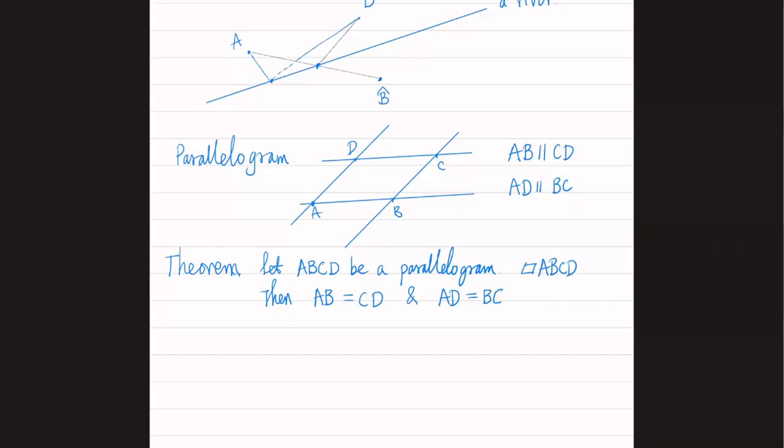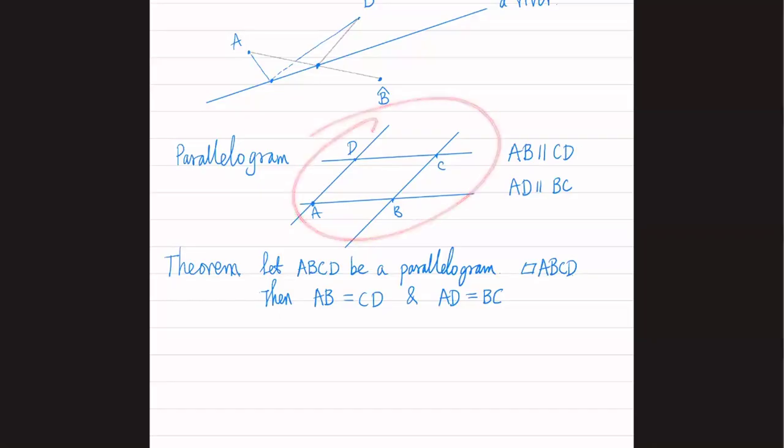Where do we start? Amy, what would you do? Any thoughts? We learned a lot of theorems about the triangles, but there's no triangle yet.